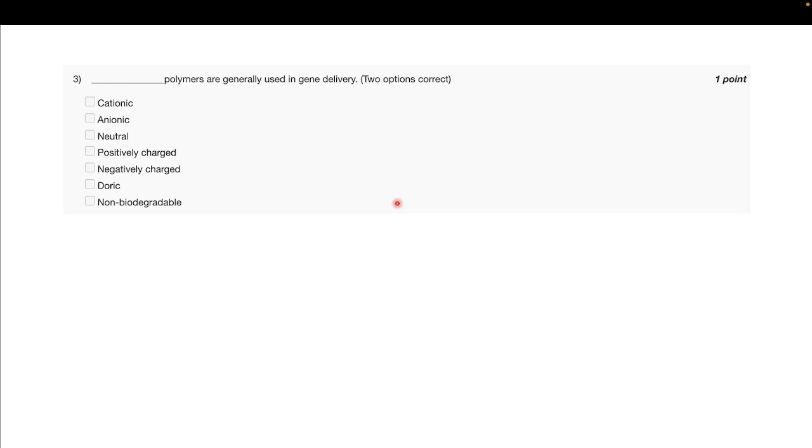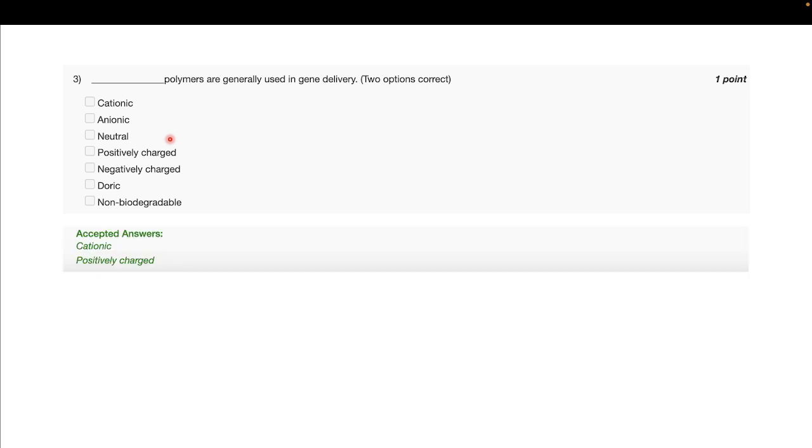Next is, what kind of polymers are generally used in gene delivery? We have 2 correct options to choose from. I think we just discussed this. Yeah. Cationic and positively charged. Yeah. I think 2 people answered. So yeah, in such questions, please be careful whenever it says you have to choose 2 correct options.